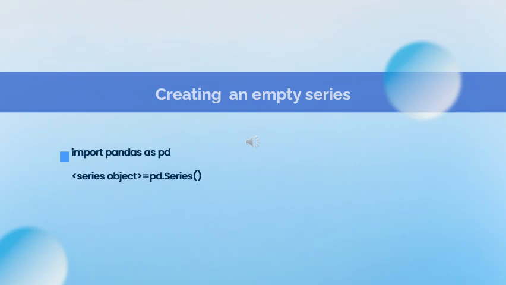Whenever using pandas, you need to use the command import pandas as pd. Here pd is an alias name of pandas. Instead of using pandas all the time, you can use pd. Then you mention a series object that is equal to pd.Series. Here we have not given any parameter, so it will print an empty series.